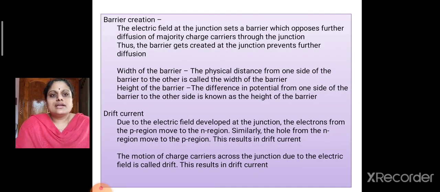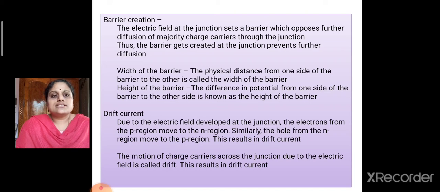The electric field at the junction sets a barrier which opposes further diffusion of majority charge carriers through the junction. Thus, the barrier created at the junction prevents further diffusion.